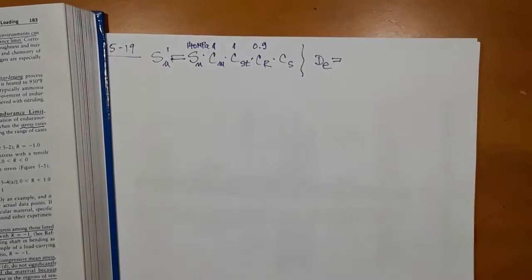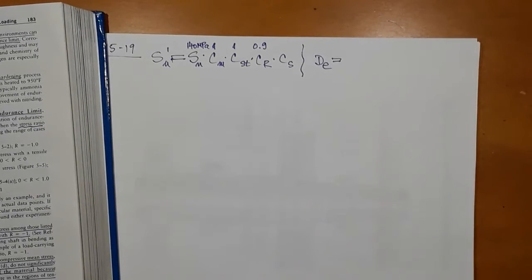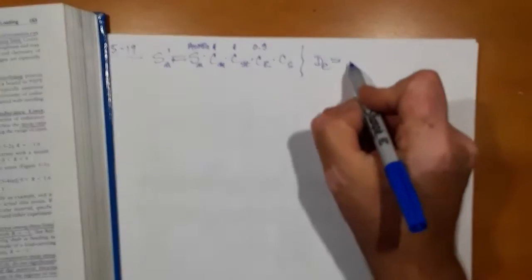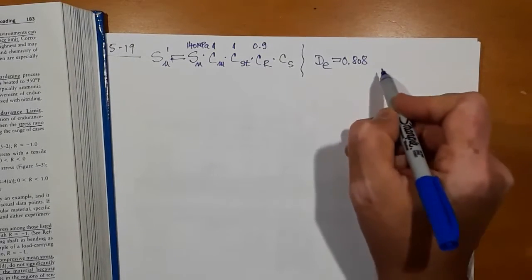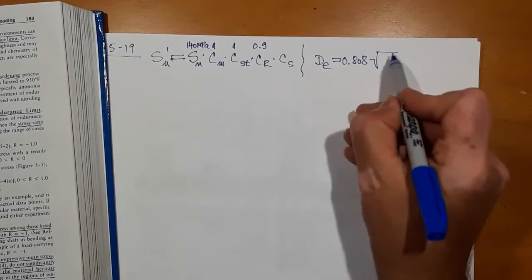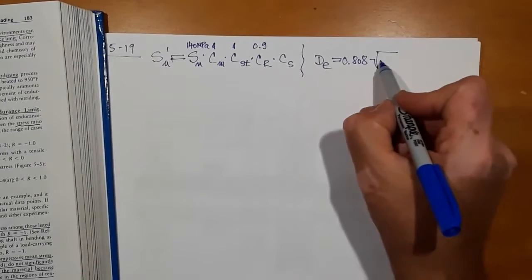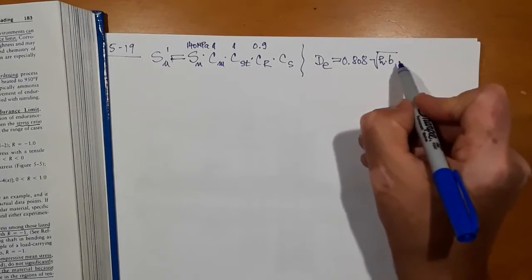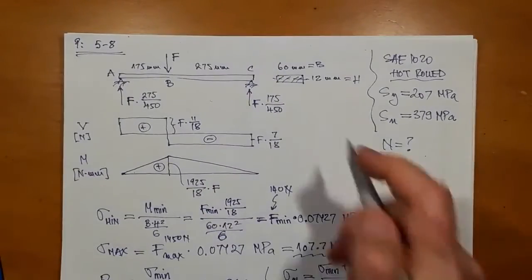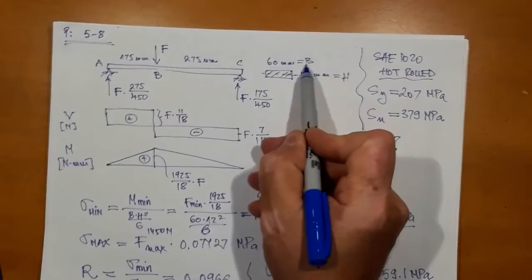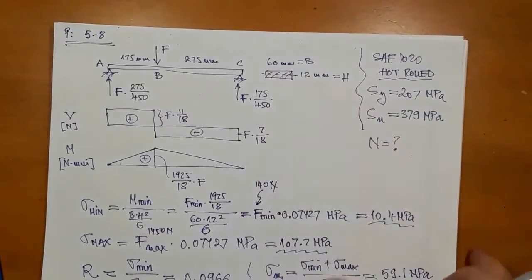This is equation 5-75 on page 182. So equivalent diameter is 0.808 square root of h times b. Now elsewhere, for the back of the book, for area property, notations were capital B and capital H.